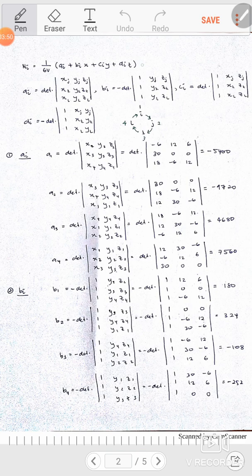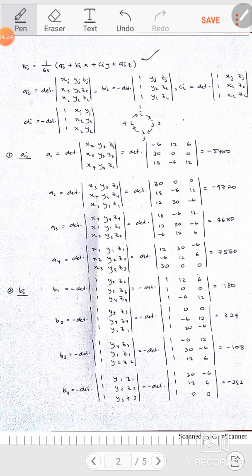Here is the general equation, and in it I have Ai, Bi, Ci and Di. That means each of these items I got from the values of the nodes.